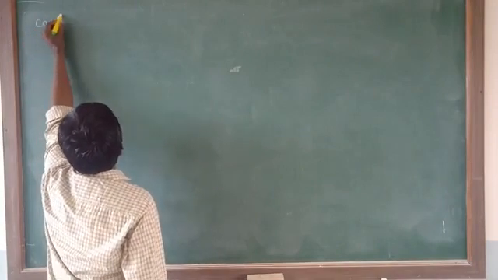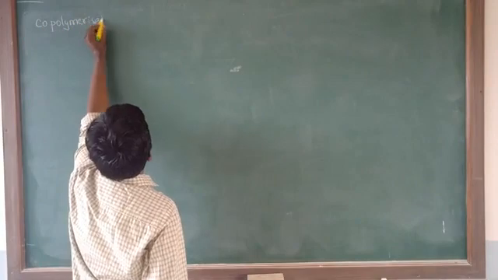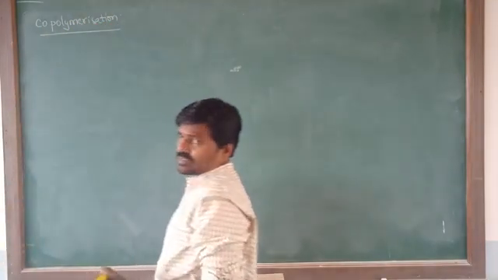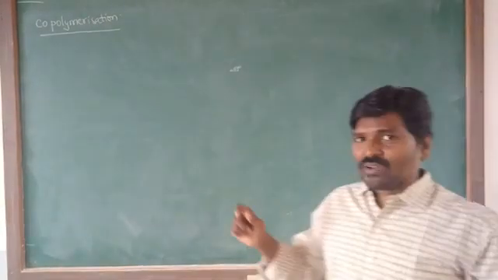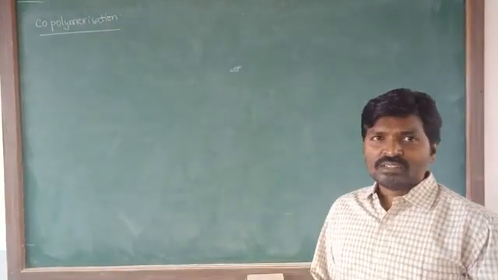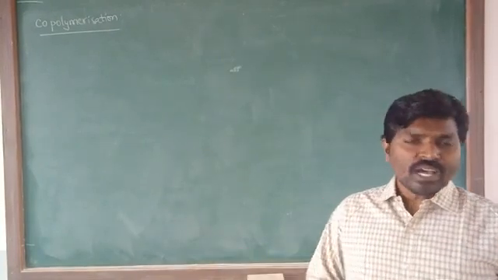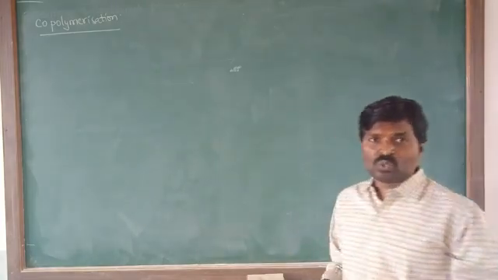This topic is important, na? Copolymerization. Copolymerization is one type of polymerization where we are taking different types of monomeric units. Let us take one example for explaining this copolymerization.